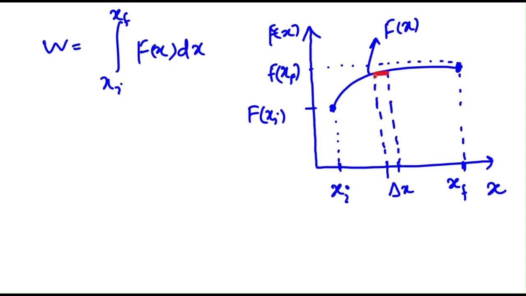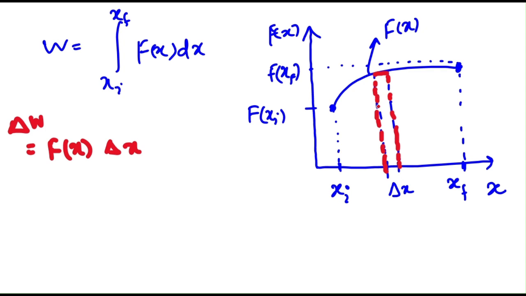Then we have a rectangular shape here, and we can obtain its area as f(x) into delta x. So we have delta w. What is delta w?